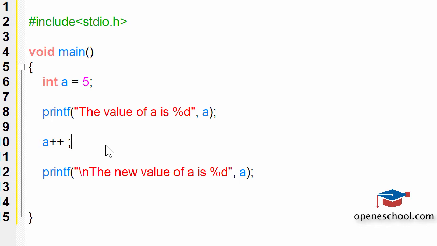Now what can we expect from this program? We can expect that the first line will print the value of a as 5, and the second line will print the value of a as 6. Why? Because we have used the plus plus operator to increment the value of a.